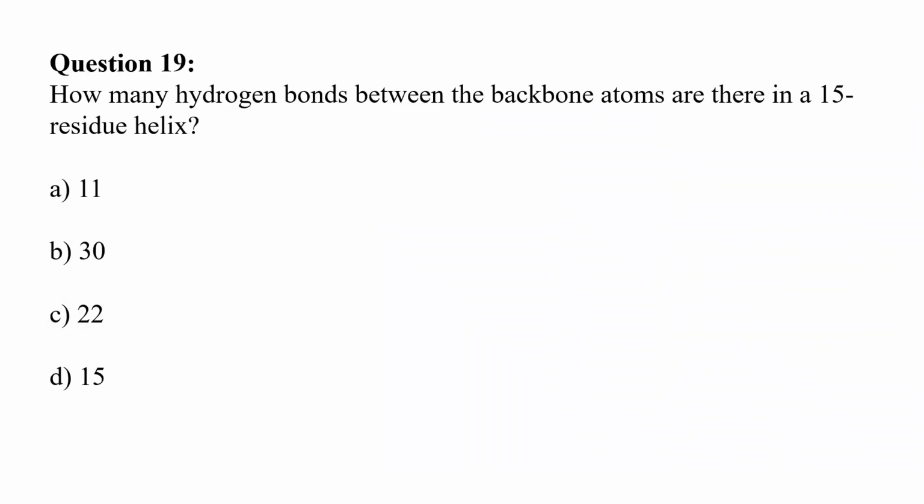We have discussed that the carboxylic group of the ith amino acid forms a hydrogen bond with the amino group of the I plus fourth amino acid, right? So if I have a 15 residue long alpha helix, how many hydrogen bonds will we have?